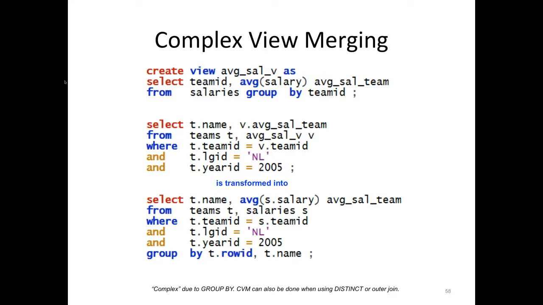The reason why this is done is it simplifies it. So it doesn't treat the view as a separate entity, which can allow it to do filtering earlier and so forth.